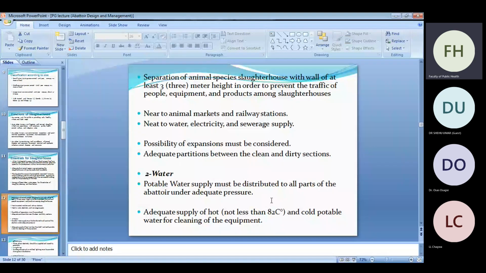Not just having the water, but having it under adequate pressure so that we can use it well. In a civilized society, they also have a supply of hot and cold potable water for cleaning of the equipment. There is equipment you are supposed to clean with hot water, like knives. So water supply is very essential.